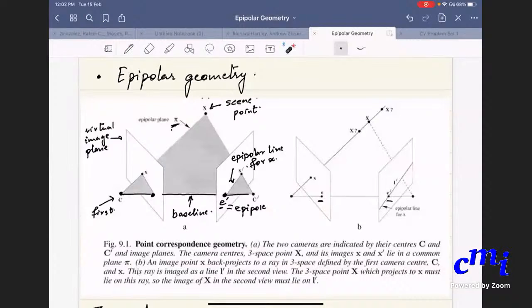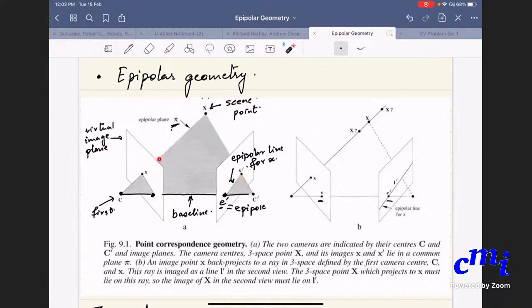One thing is clear that if x is the image point of capital X, you're looking at this ray, and x prime is going to be the intersection of this ray here. It's like the back projection of small x projected onto the second camera. That intersection point is this x prime.